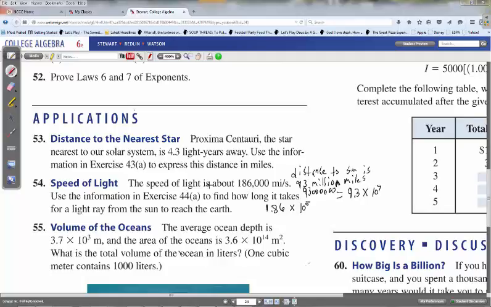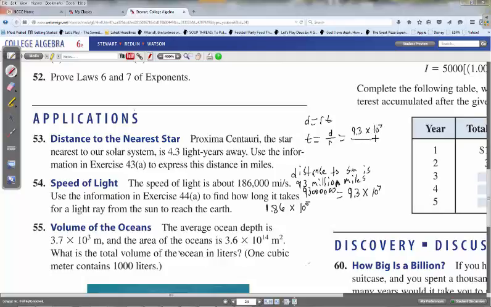So distance equals rate times time. We want to solve for time. Time equals distance divided by rate. Our distance is 9.3 times 10 to the 7th.